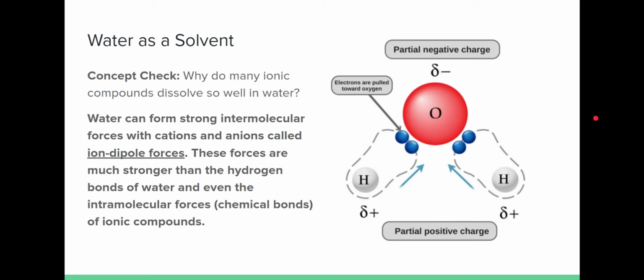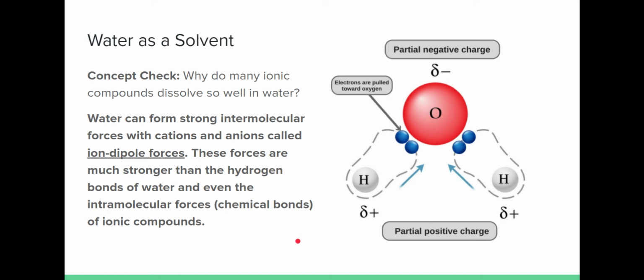The reason why most ionic compounds do dissolve very readily in water is because ion dipole forces are typically much stronger than the combined forces of the hydrogen bonds attracting water molecules to other H2O molecules, and the chemical bonds that exist within the crystal lattice of the ionic compound itself.